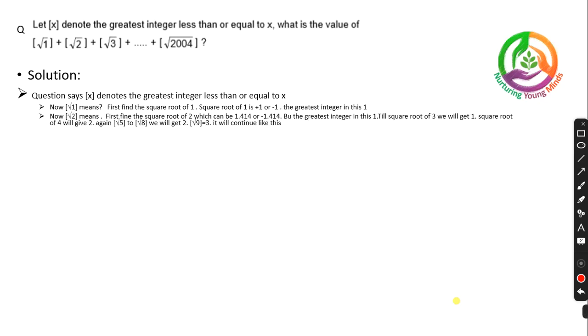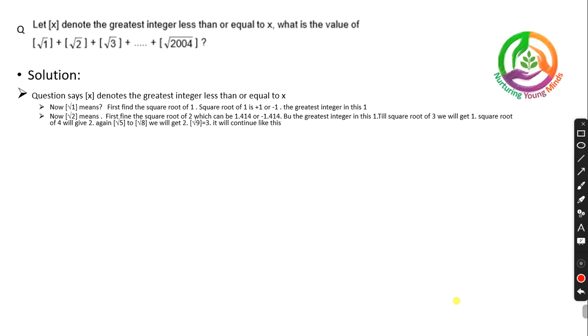Let's take one more number from the series, the square root of 2. If you try to find the square root of 2, it will be approximately 1.414, correct? So it can be plus 1.414 or minus 1.414.